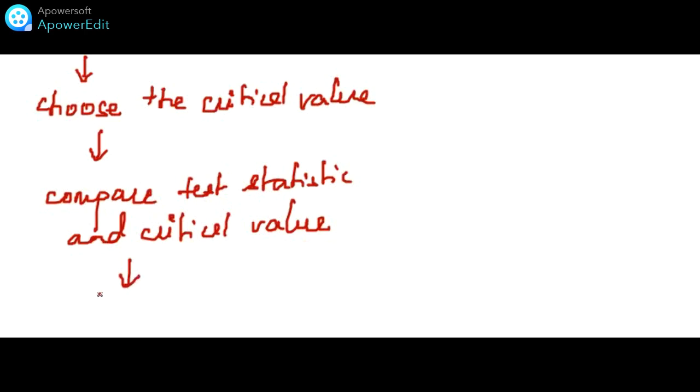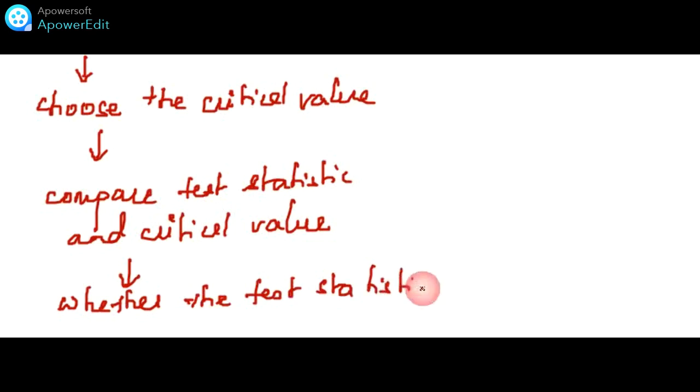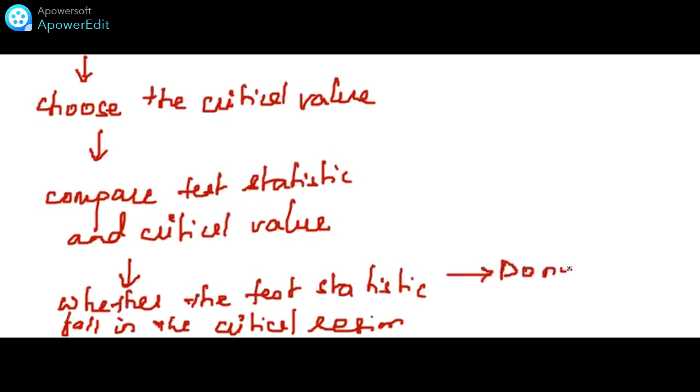Does the test statistic fall in the critical region or not? If it lies within the critical region, then do not reject the null.